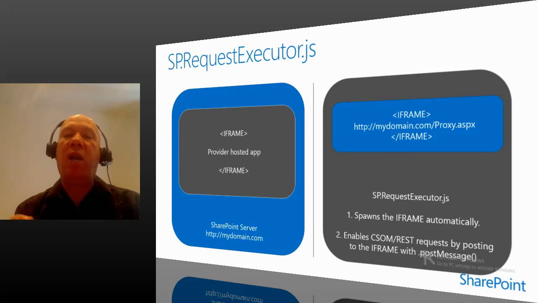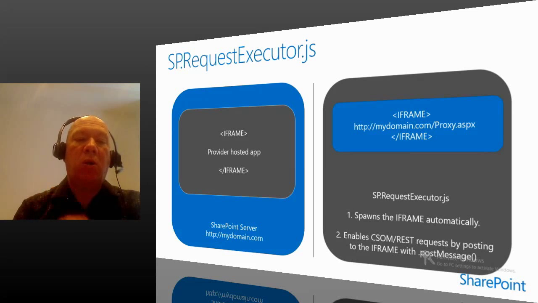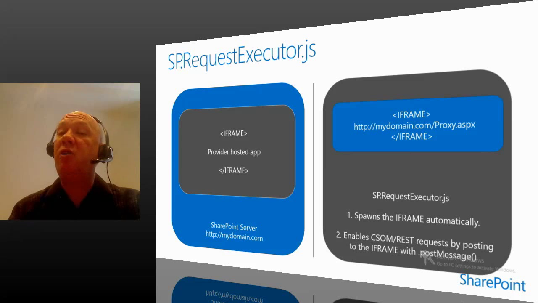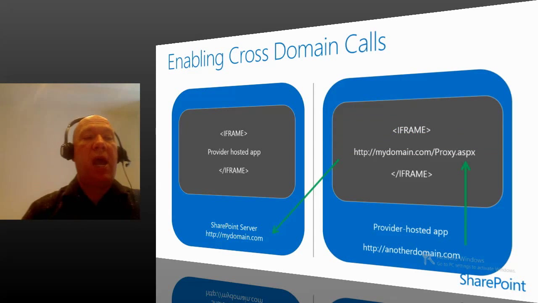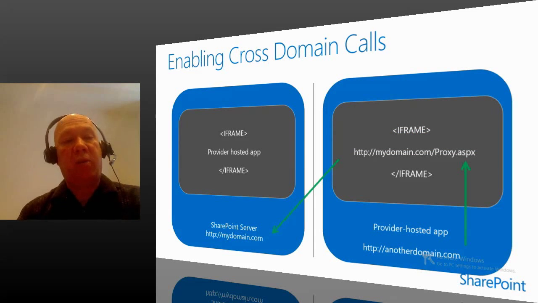And so now when it comes time for you to communicate with the SharePoint server, you send a message from your JavaScript code into that iframe. The proxy is going to pick it up. It's going to make the call back to its server. And then you'll get the result back into the proxy, and the proxy will pass it back to you.